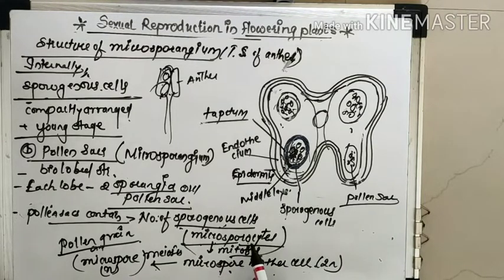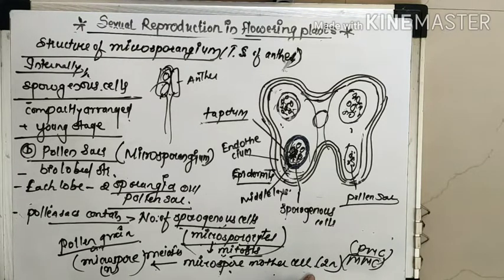These divide mitotically to form microspore mother cells, or pollen mother cells, which are diploid in nature.